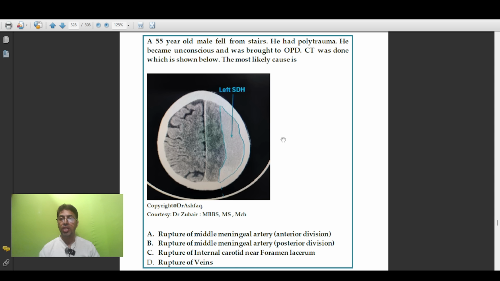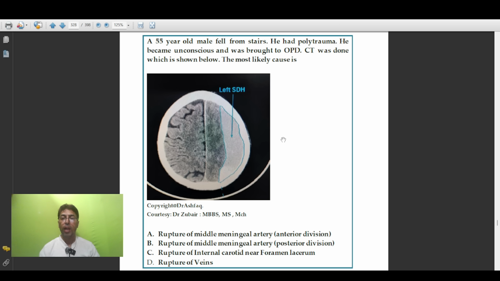As far as EDH is concerned, I have already told you that extradural hematoma or epidural hematoma occurs usually due to the damage to the area of the pterion, which is an area corresponding to the exterior of the skull, and inside it are the markings of the middle meningeal vessels on the inside of the skull.